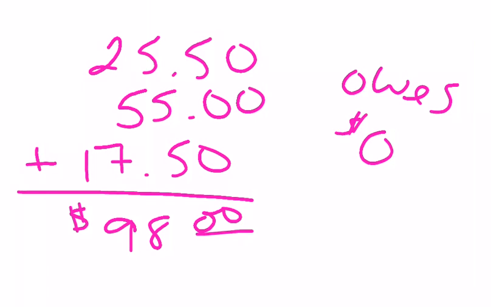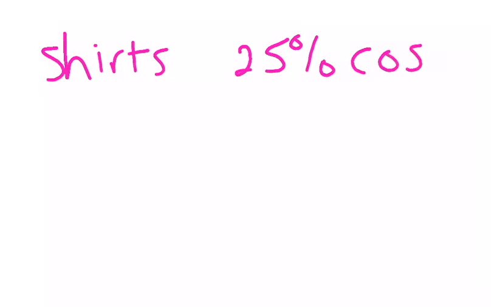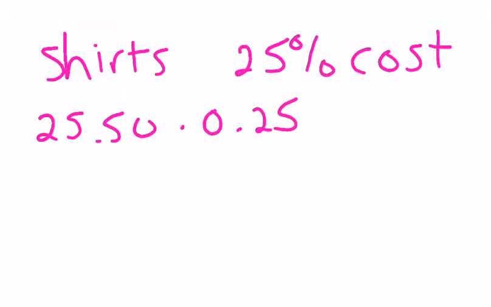Now, had this person spent over $100 or already used his duty-free exemption, then we would look at the chart and see what each item is. For shirts, the chart says 25% of the cost. He spent $25.50 on shirts, so we would take the $25.50 times 0.25, because that's the same as 25%.